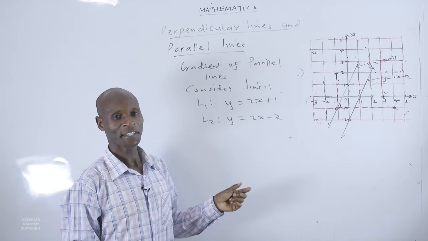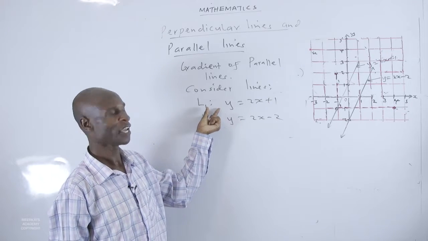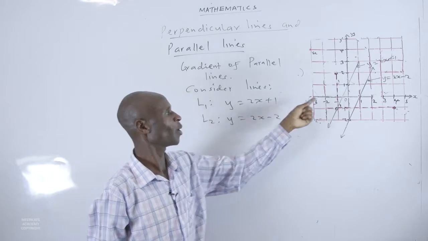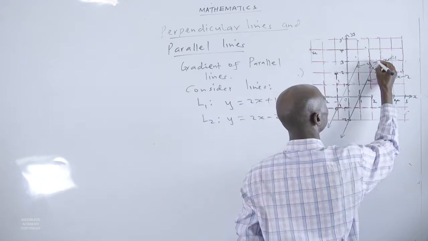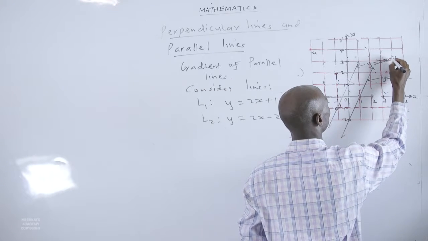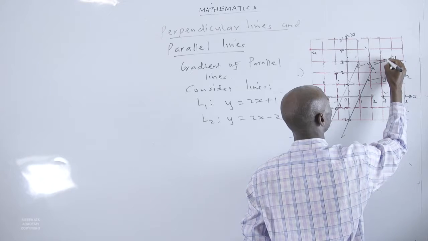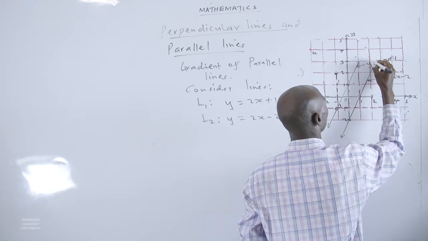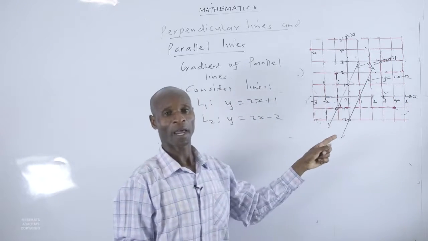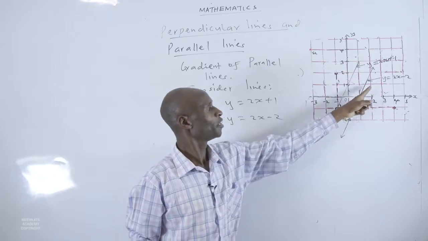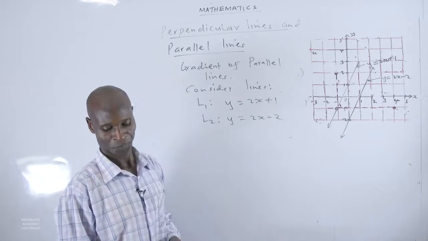So we have two lines here drawn on a Cartesian plane. Line 1 is y is equal to x plus 1. And line 2 is y is equal to x minus 1.